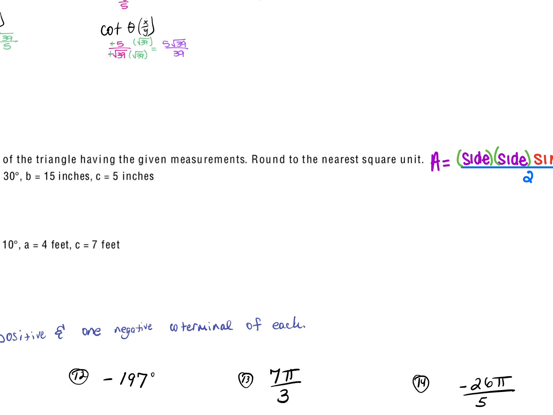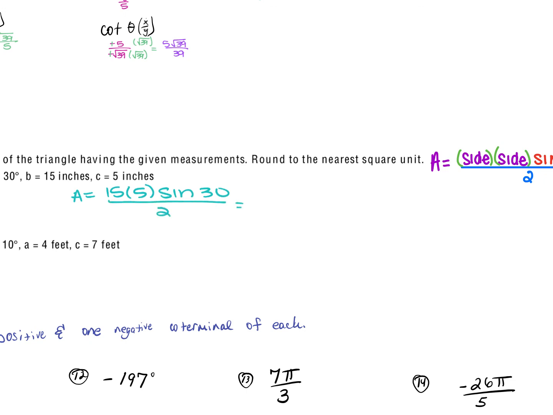sine. For 9, you're given that your angle measurement A is 30 degrees. Side B is 15 inches and side C is 5 inches. So if we use our formula, we are going to have the area is equal to 15 times 5 times the sine of 30 all over 2.